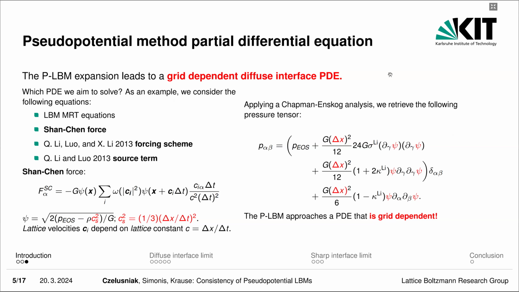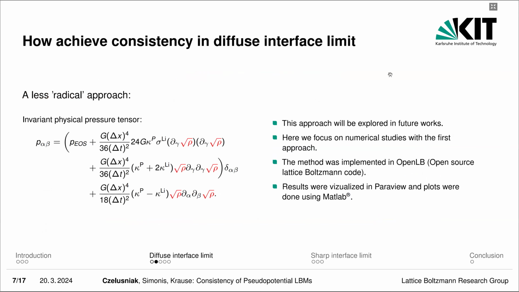So actually in the limit, another approach is to consider that this will be the partial differential equation of the pseudopotential method, where we have the square root of rho, instead of a phi that's dependent on the grid.